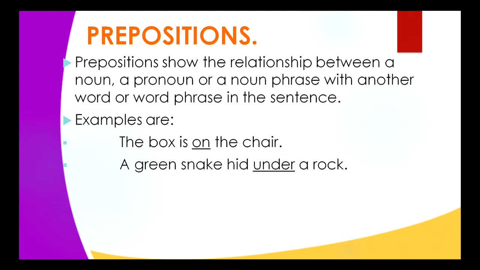The word under has been underlined, and it's showing us the relationship between the green snake and the rock in this sentence. So that is a preposition. The green snake hid not on the rock, not beside the rock, but under a rock.